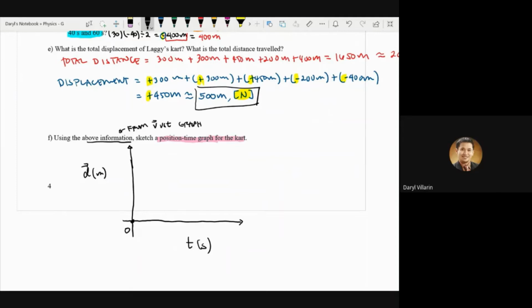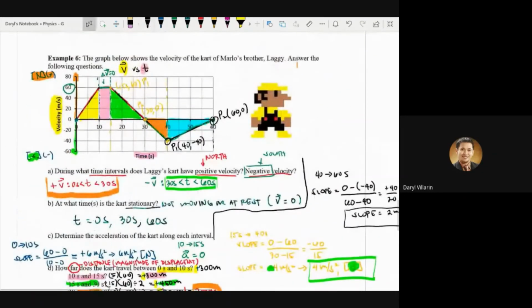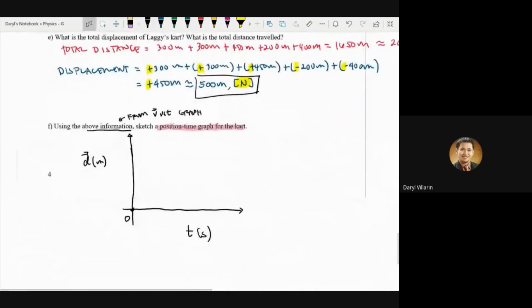So first is the first part, from 0 to 10 seconds. So from 0 to 10, so if this is my 10 seconds, for example, 20, 30, 40, and then 50, and then 60.